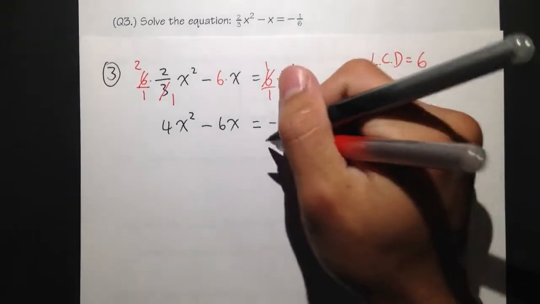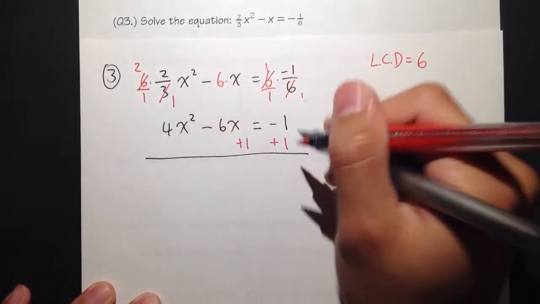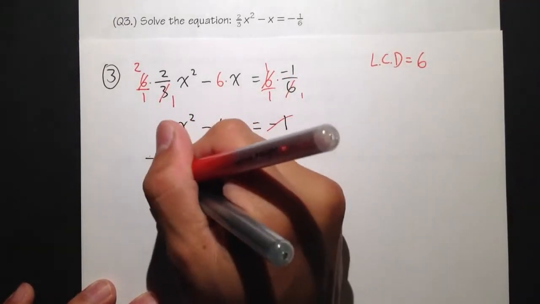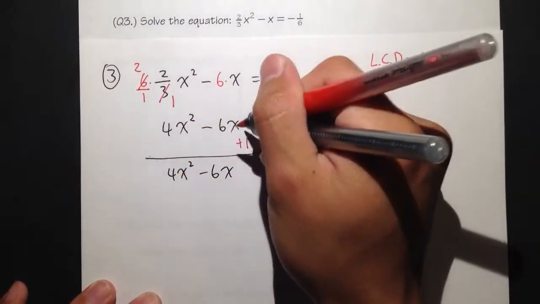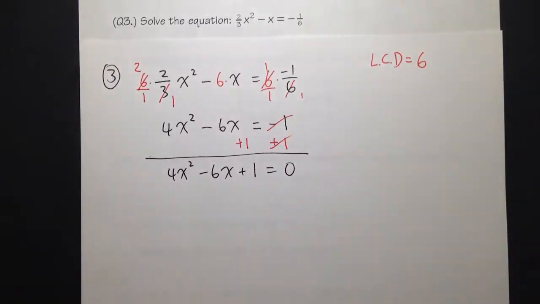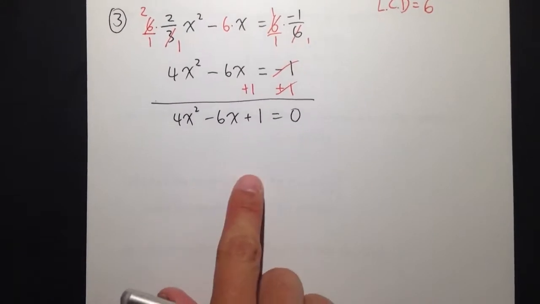We can do that by adding 1 on both sides. So negative 1 plus 1 is 0, and let me write this down: 4x squared minus 6x plus 1 equals 0. We cannot combine terms anymore, and this is what we have.